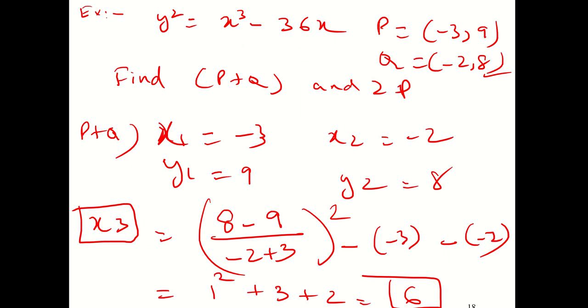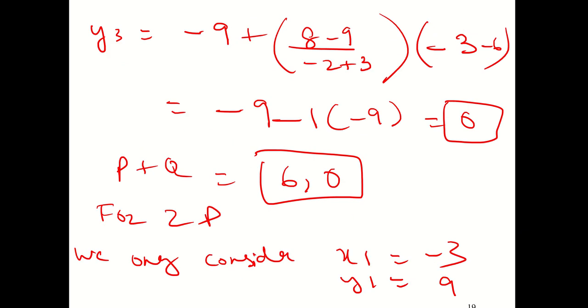I'll walk you through this again. This is the example where you need to find P plus Q and 2P separately. From the question itself we found x1, x2, y1, y2. Then we put the values in the equations that we got in the previous slides. So we got x3 as 6, then y3 as 0, and the whole thing that stands out is (6, 0).